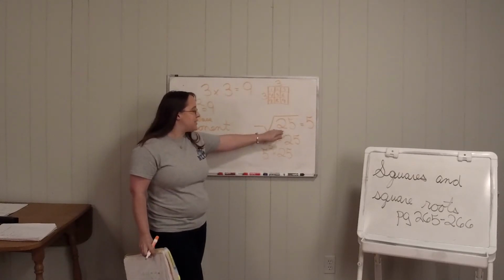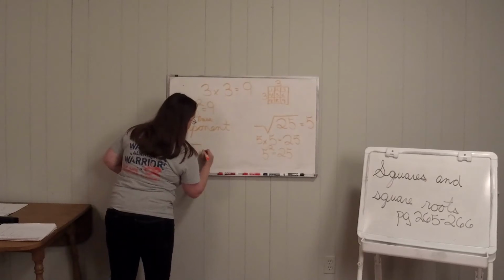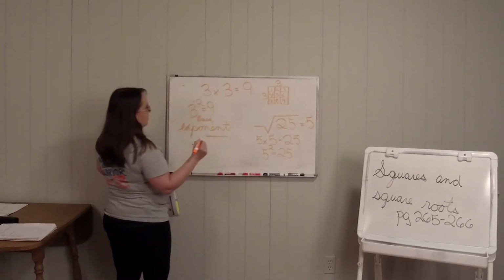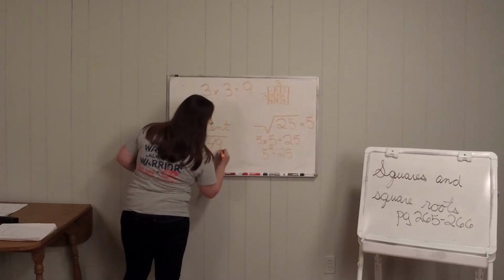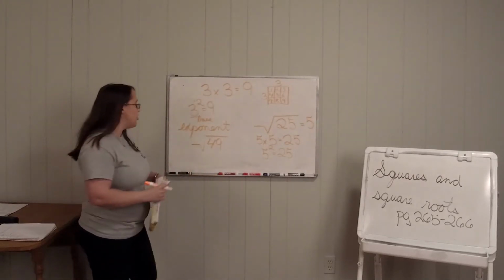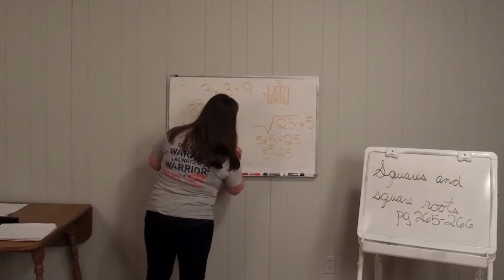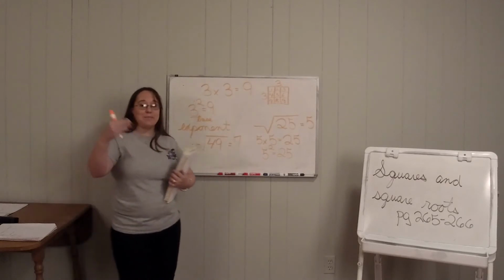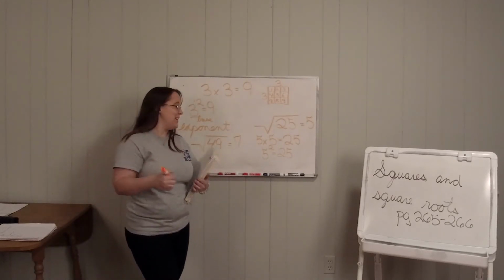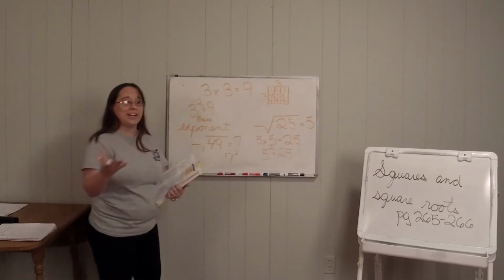So if you had, let's say, 49, the square root of 49 equals 7, because 7 times 7 is 49. 7 squared is 49.